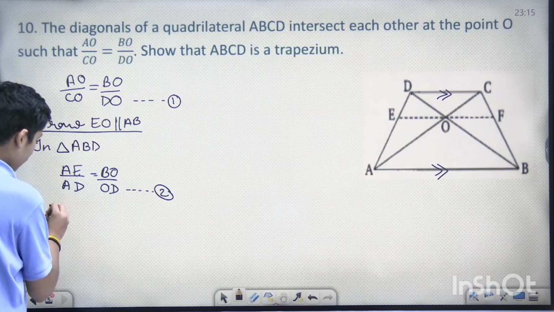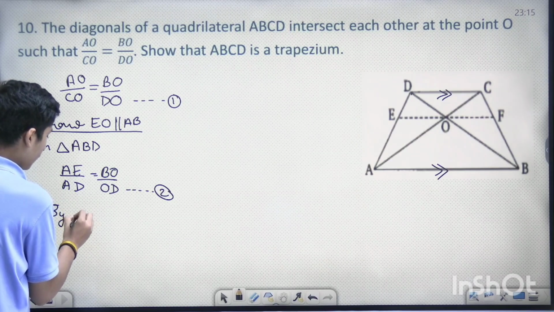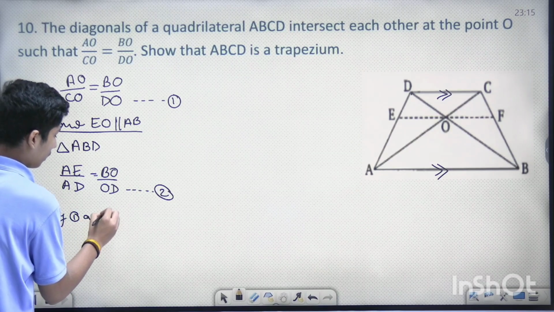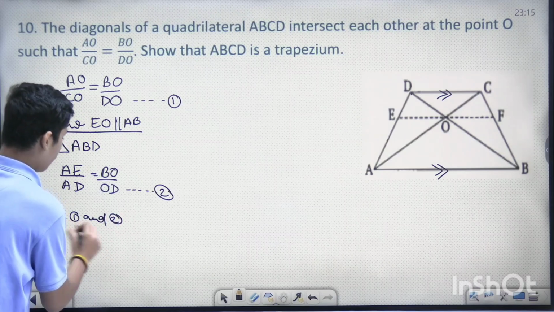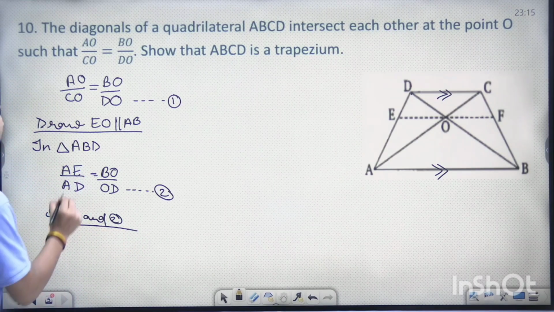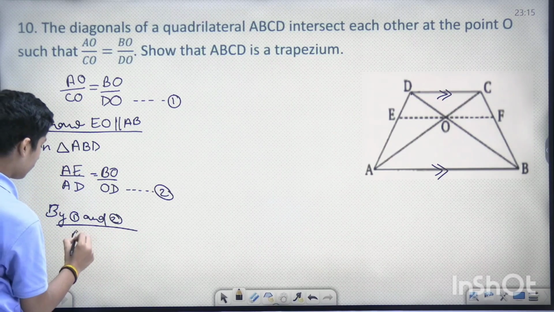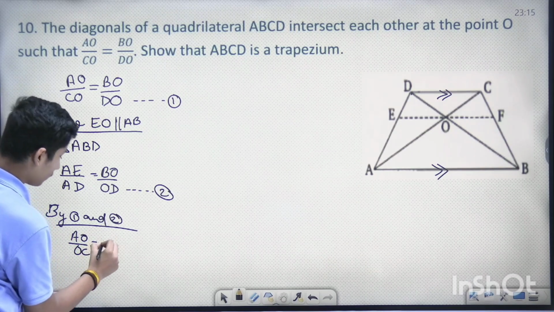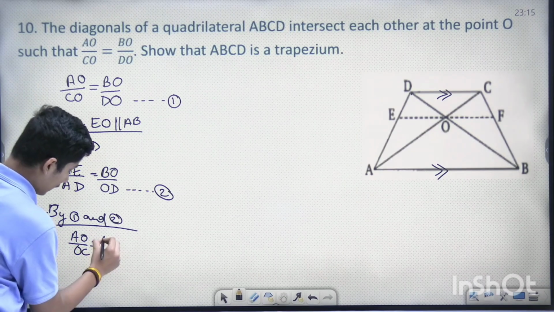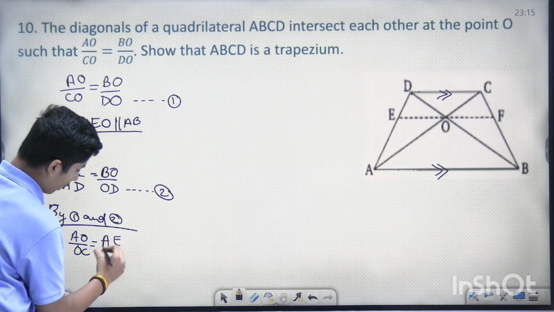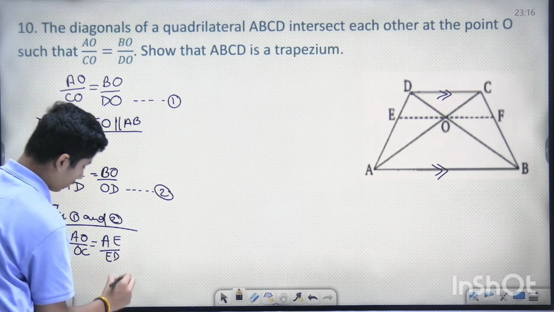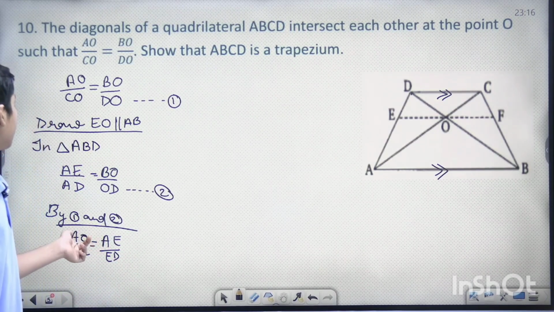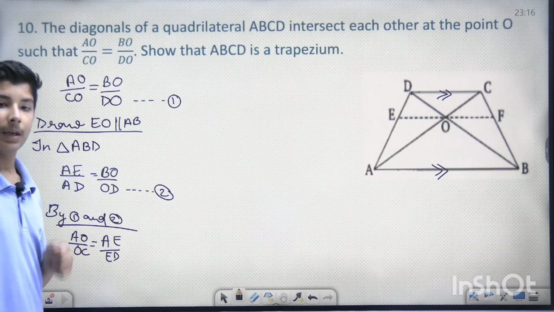So by 1 and 2, we can say that AO upon OC equal to AE upon ED. We have got this.